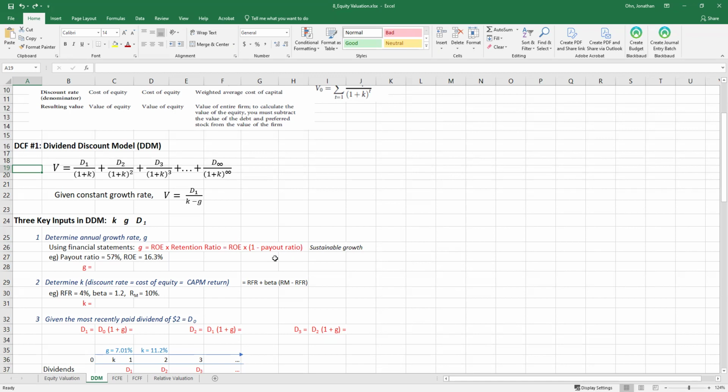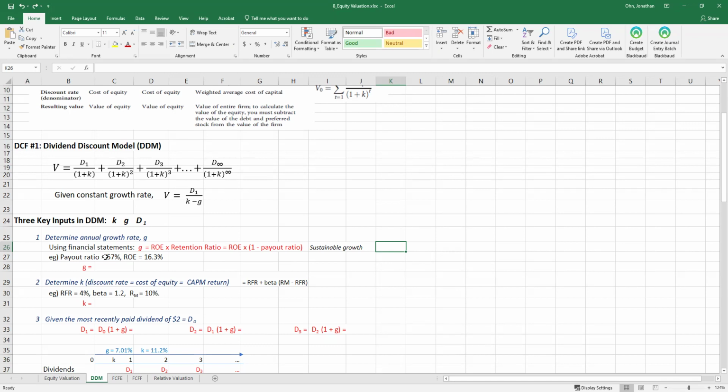It's the same thing. Okay, so growth rate is return on equity times 1 minus payout ratio. That is called sustainable growth. As I said, this is not the only growth rate. Sometimes if you look at this one, sustainable growth rate is too high. We cannot use that one sometimes, right? But let's assume this one. Later on, I'll show you how to estimate some other alternative growth rate.